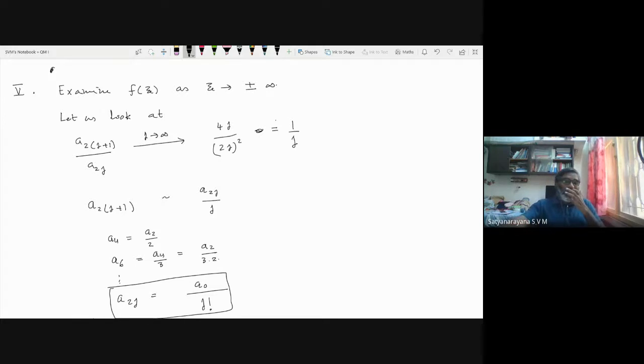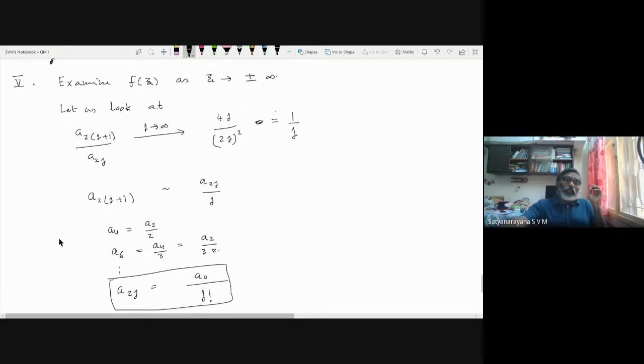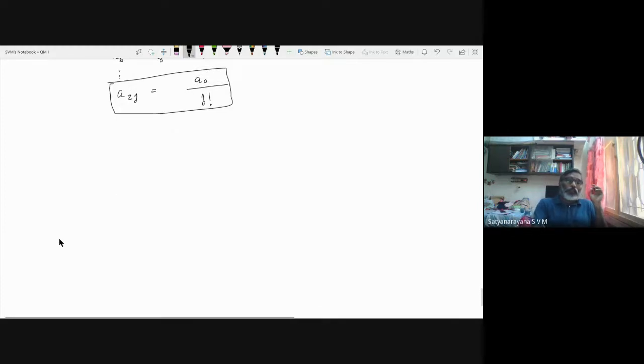That means that if I go back and put this in the equation, let us say that our f of xi is equal to the sum over j equal to 0 to infinity of a_{2j} psi to the power 2j.